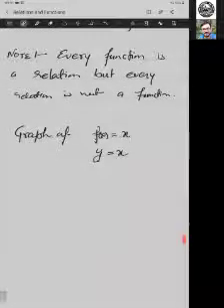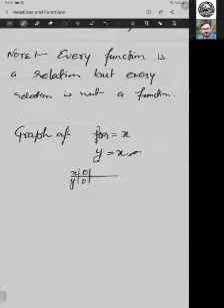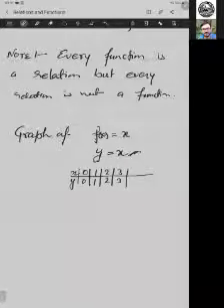For making its graph, we are going to draw a table. I suppose you remember in class 9th and 10th, while making graphs, we were making such a table. So x and y are both equal. When x is 0, y will also be 0. When x is 1, y will also be 1. When x is 2, y will also be 2. When x is 3, y will also be 3. I'm writing many, but you need not write that much. Then -1, -1, -2, -2, -3, -3, because it is the condition for equality.